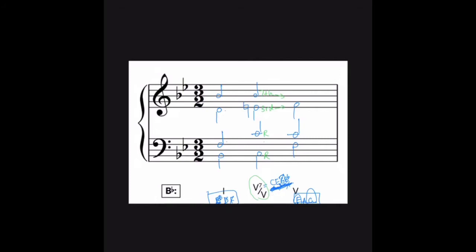And that's also another tendency tone, so it has to step down right there. So now we have completed our I to V7 of V to V in the key of B flat. Let's hear it together.